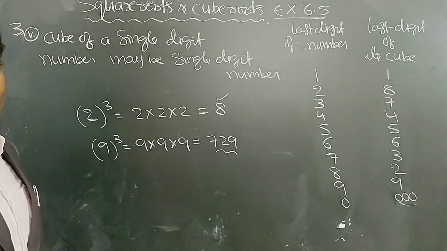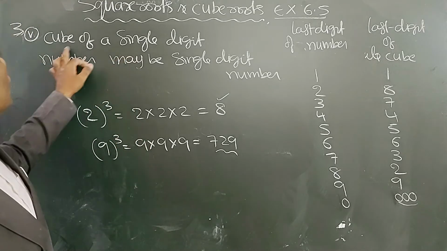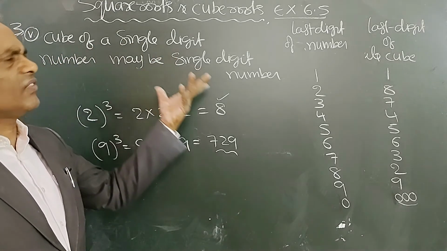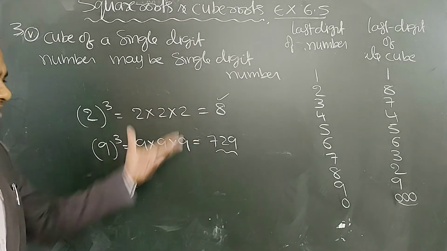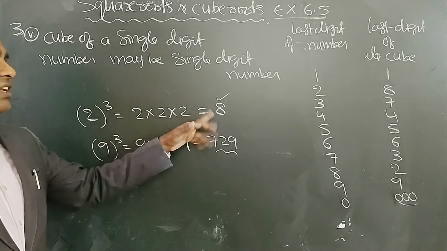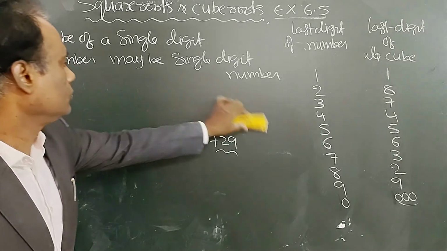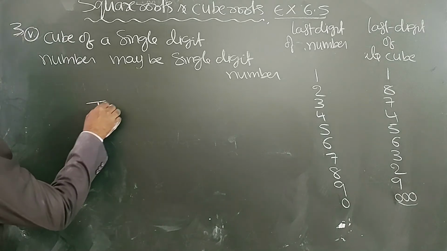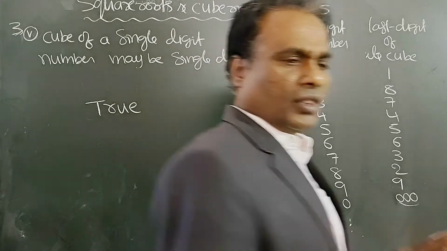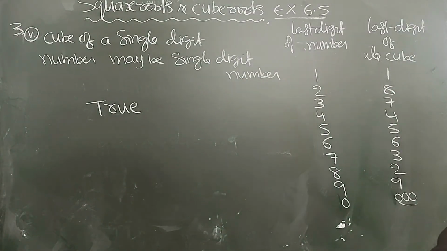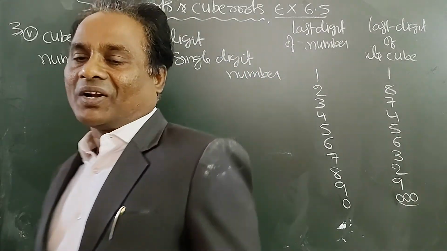But from 3 onwards it is not possible. So here it is not given that it should be. It may be. Cube of a single digit number may be a single digit number. If it is 2, it is correct. But for others it will fail. But for one option it is correct, no? So this statement is true. Maybe. It is not for all. Maybe means it may be possible or not.